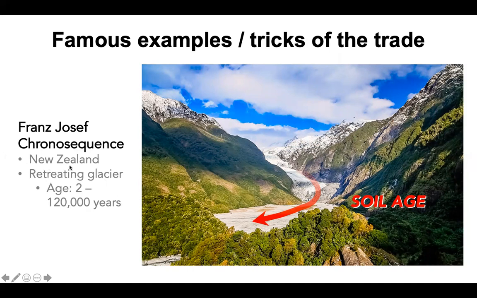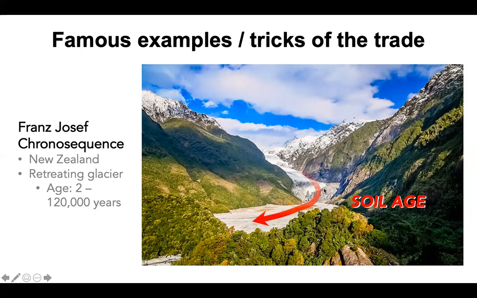This is a glacier that's in New Zealand, and it has been retreating at a pretty consistent pace. As this glacier moves further and further up the valley, we get soil here that is now starting to have forming factors happen to it, and we know its age. As we come down the valley here, soil age is increasing.